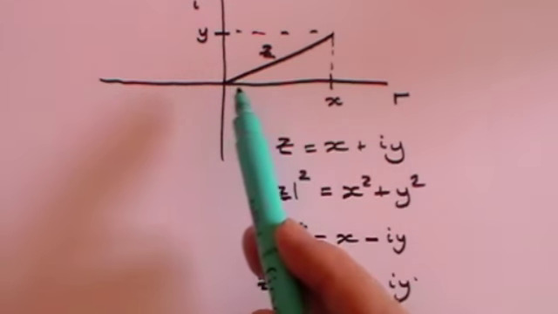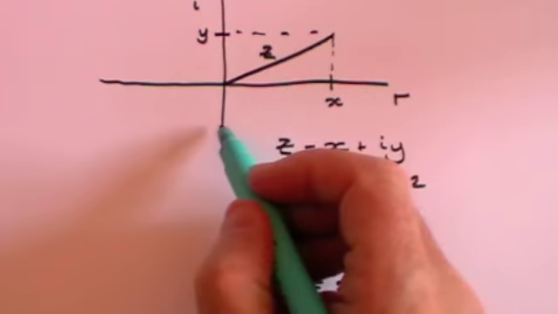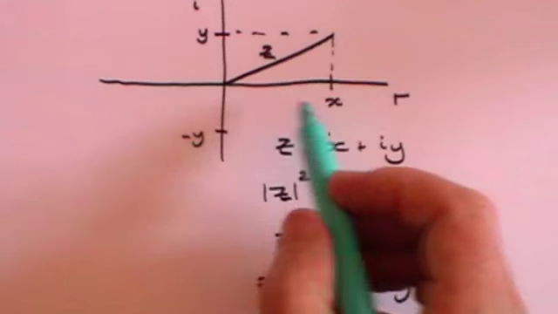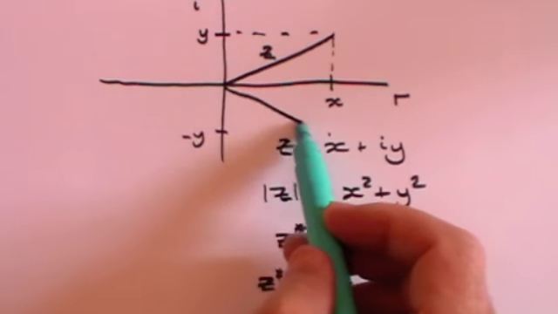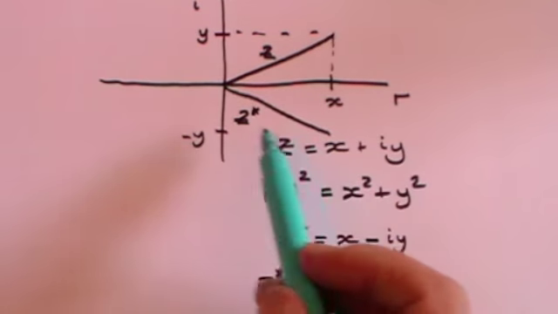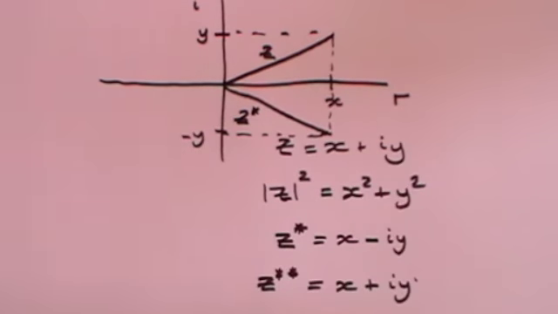And I can represent this complex conjugate also on the complex plane. x remains the same, so the x dimension will be the same, but the imaginary term has changed sign. So now we are going to be at minus y, and consequently the vector z complex conjugate is going to be denoted in that way.